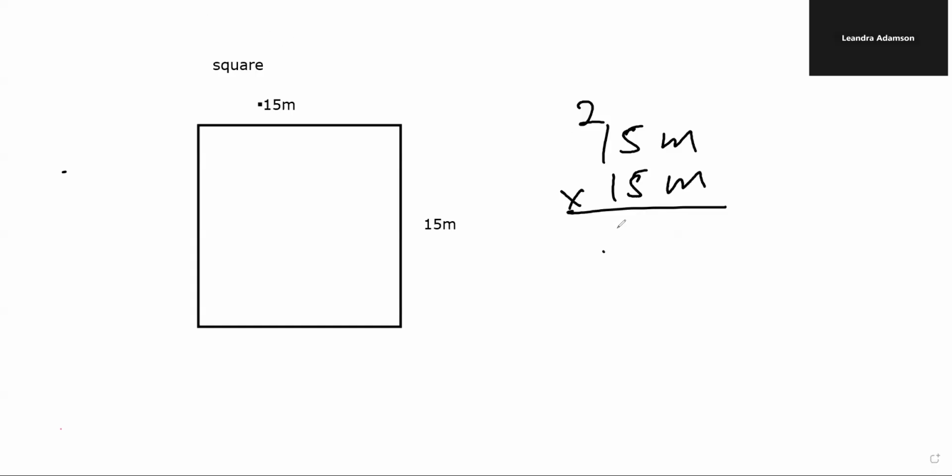Put down our 5, carry over 2. 5 times 1 is 5 plus 2, 7. Put down our placeholder, which is 0. 1 times 5 is 5. And 1 times 1 is 1.